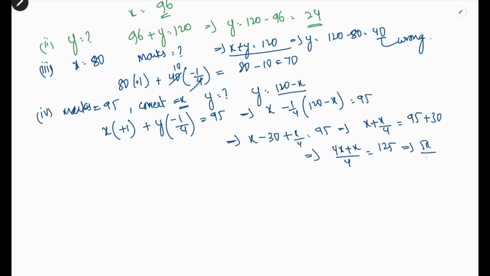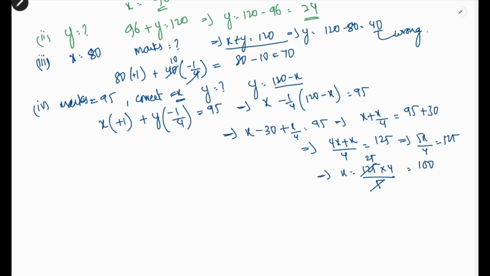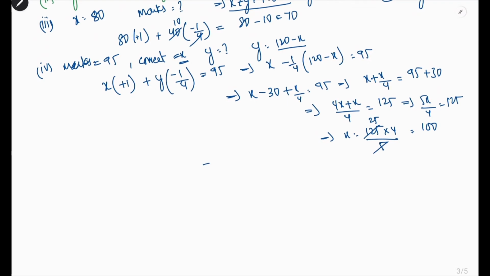Here 5x by 4 is equal to 125. So x is equal to 125 into 4 by 5. 5 into 25 is 125, so 25 into 4 is 100. So he answered 100 questions correctly.